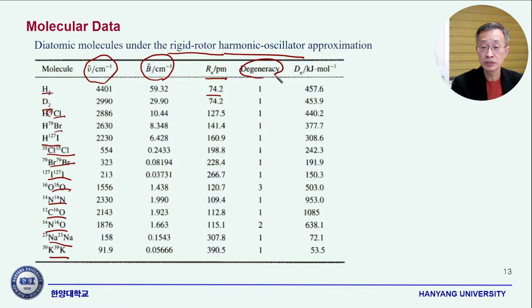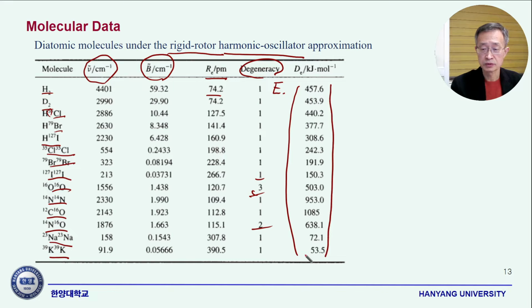And degeneracy means the degeneracy of the electronic energy level. Most of them are singlet, oxygen, as you know, is a triplet, NO is a doublet, and all others are singlet. And then the dissociation energy is given in kilojoules per mole.